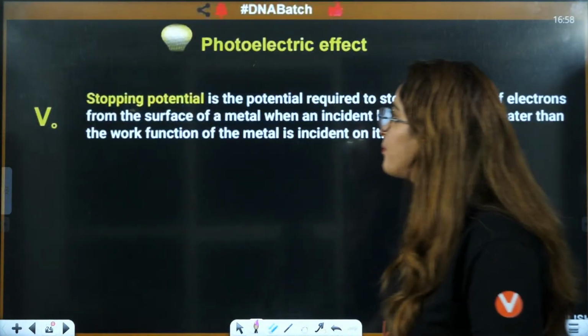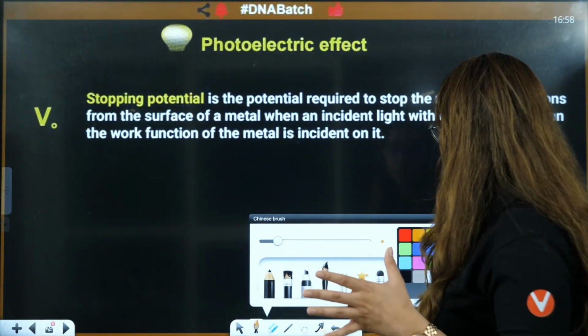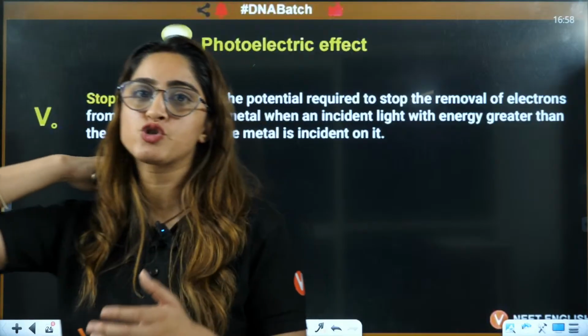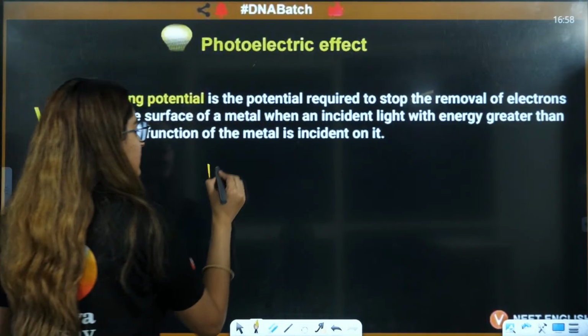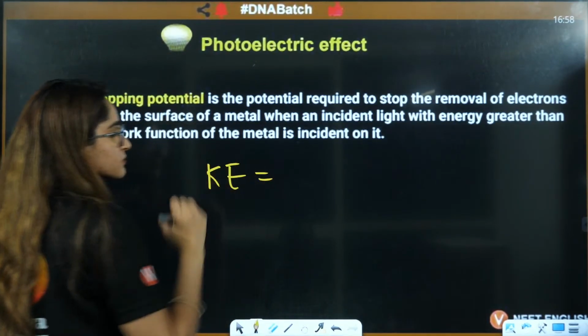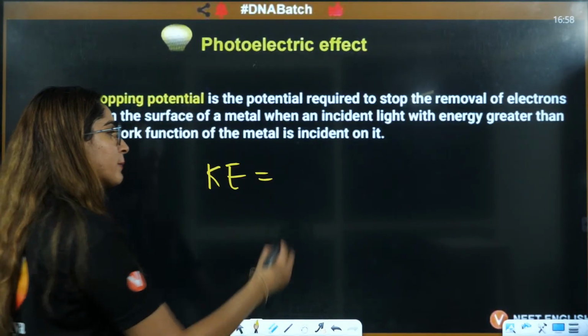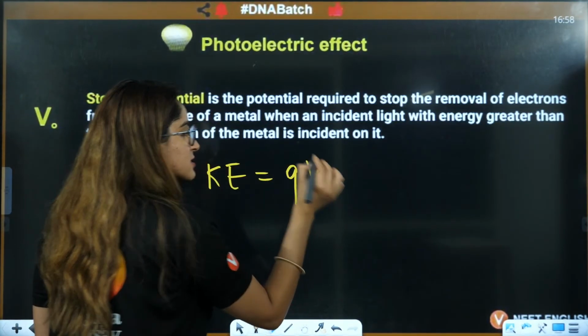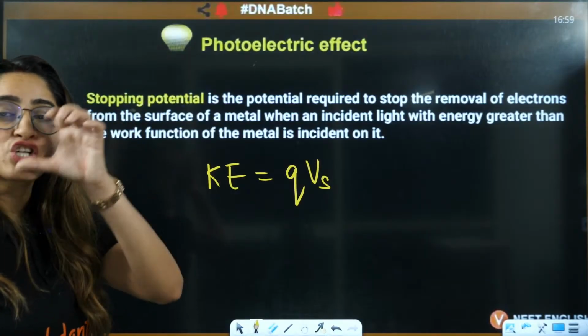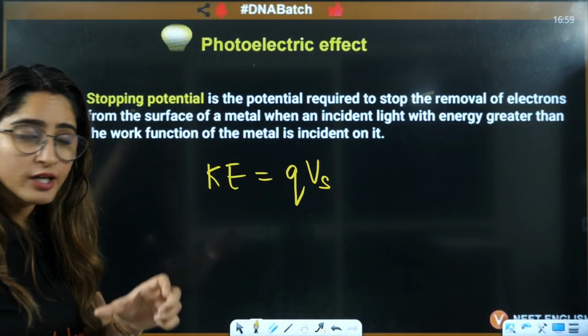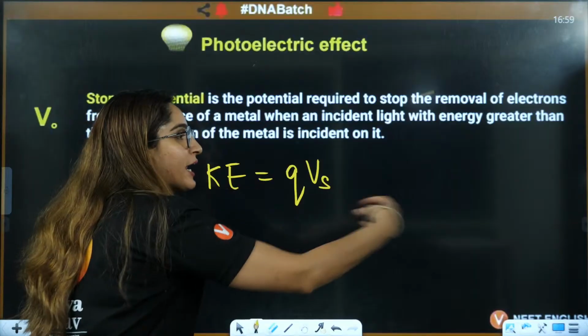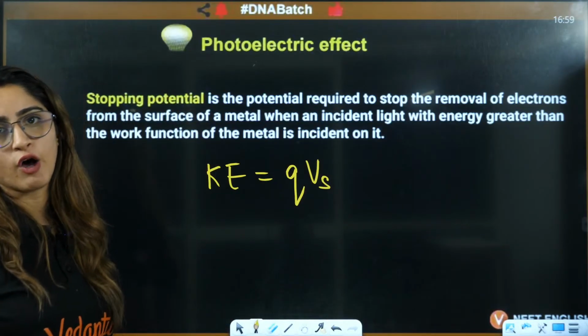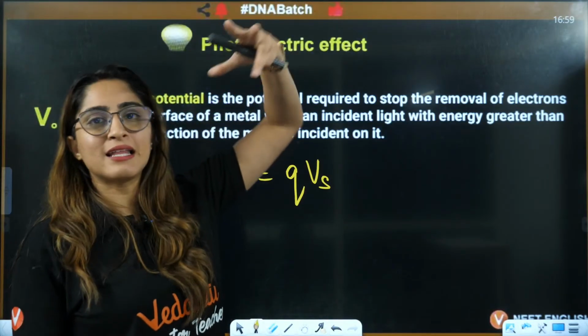Okay. Now, let's see what is stopping potential, right? Stopping potential is, this is kinetic energy. Stopping potential is Q into Vs. The external potential that is needed to stop the electron from getting ejected out, right? First thing is you are giving the incident light.